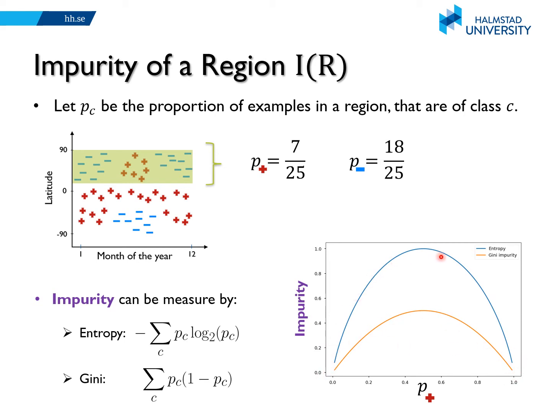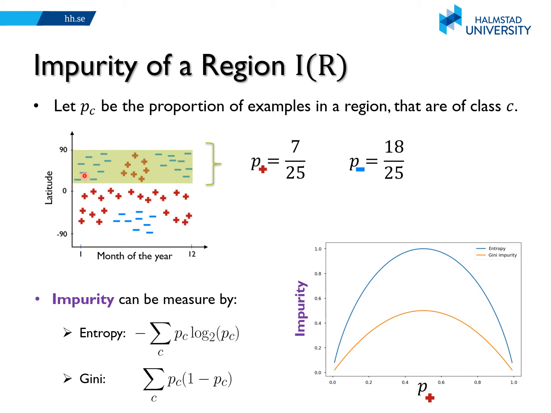So the blue one corresponds to the entropy impurity, and the orange one corresponds to the Gini impurity. So this is measured with respect to different values of P plus. So in this example, we have only two classes. So if we have two classes and P plus is equal to 0.5, then P minus is also equal to 0.5, right?